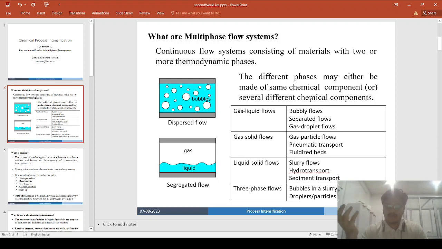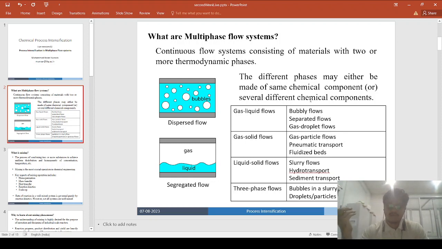Whichever has the much higher density will settle down. In this case, generally water settles down and the oil floats at the top. Both of them are in liquid phase, but they have different chemical components. The oil may be made up of different complex hydrocarbons, and the water is made up of H2O.